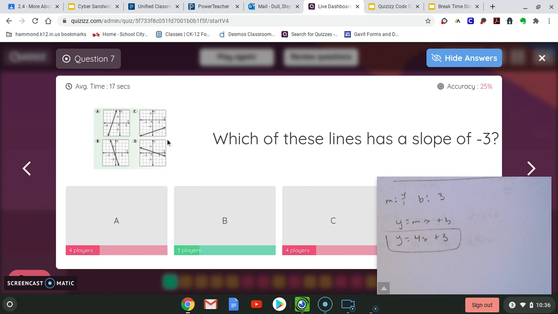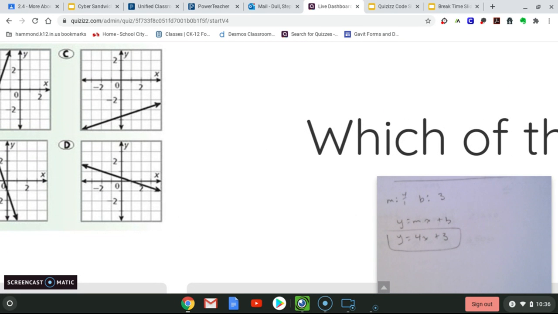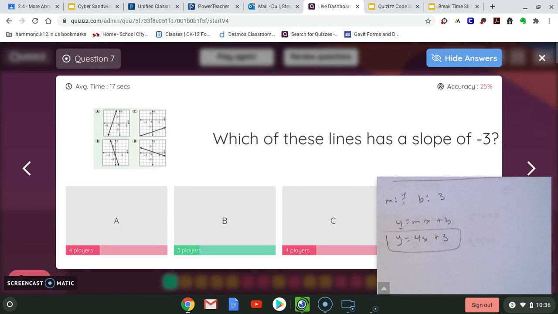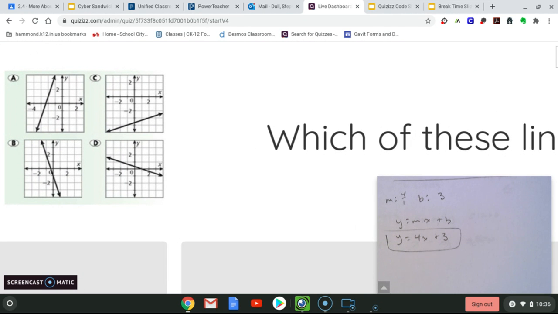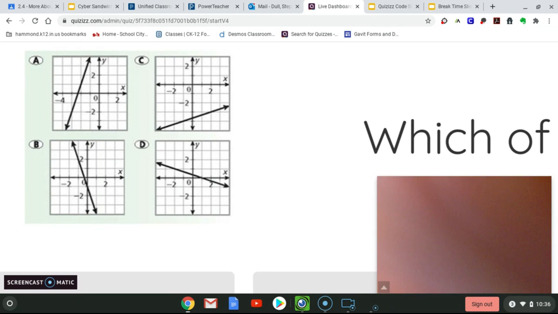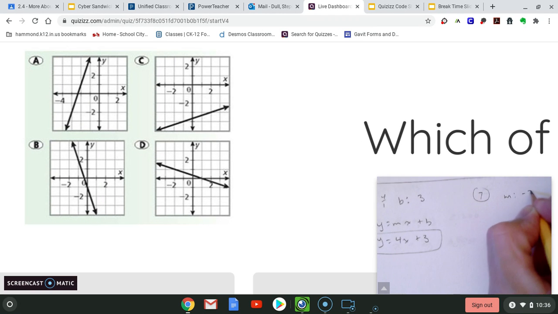All right, similarly, let's take a look at number 7. We're asked, which of these lines has a slope of negative 3? So we know that our change in y over our change in x is going to equal 3 over 1, and it's going to be negative.